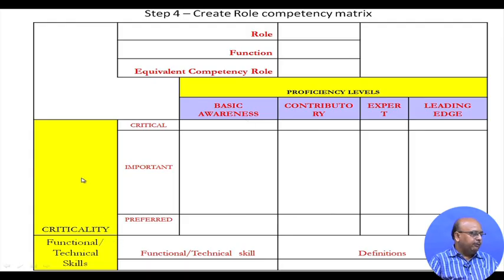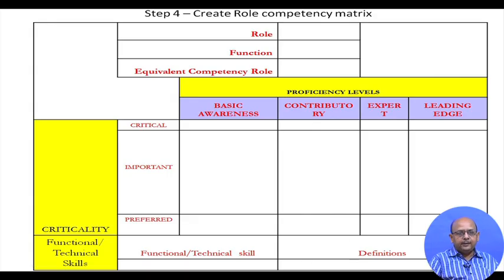And here you are going to identify criticality. Criticality in the sense of whether it is important or not, and also whether it is preferred or not, right. So, if it is preferred and important both, then it becomes more critical, right. And in the process you are going to identify each of these. This is to be done in case of each functional or technical skill, and you also need to define them, right.